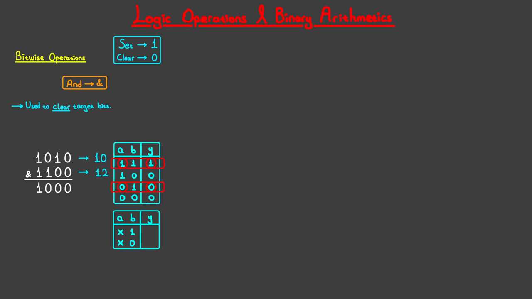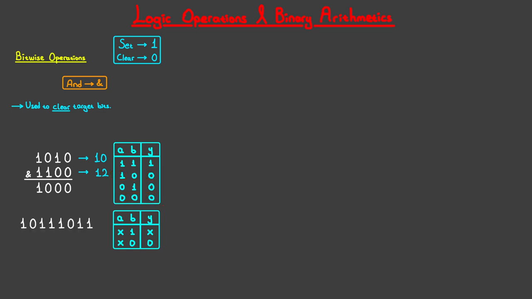Meaning the result will be whatever the x is. And you also know that if one of the inputs is 0, the result of AND will also be 0 no matter what. So you see, if you AND something with a value, any place you put 0 to will be cleared, while any place you put 1 is unaltered.